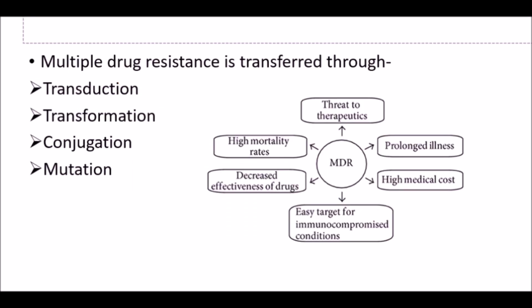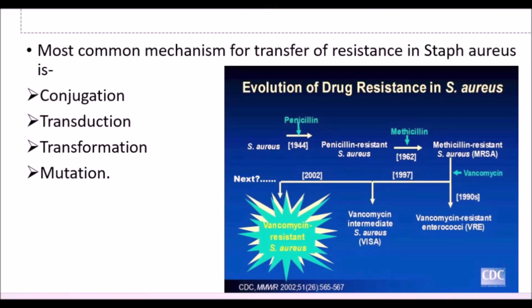And now the next question is, multiple drug resistance is transferred through transduction, transformation, conjugation, mutation. So basically multiple drug resistance is transferred through plasmids, mostly by conjugation. The well-known examples are MRSA and VRE, that is vancomycin resistant enterococcus, and also Mycobacterium tuberculosis. And here is the next question.